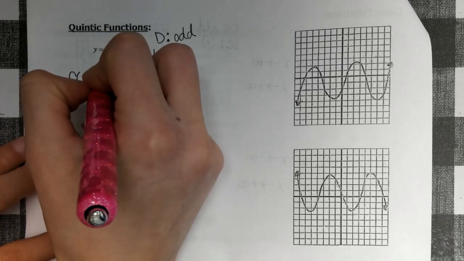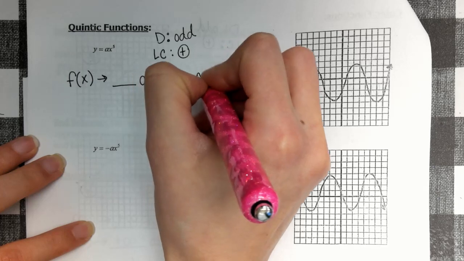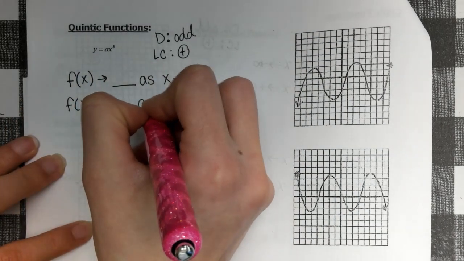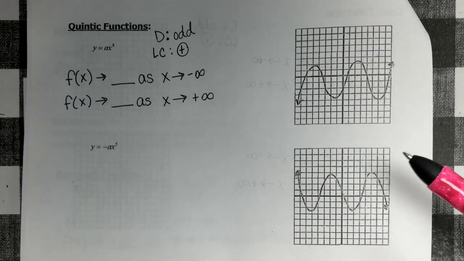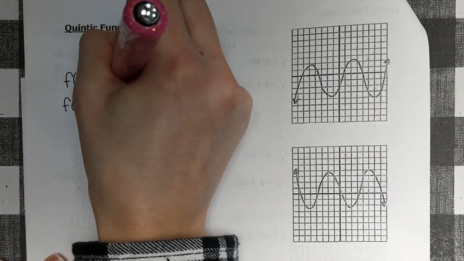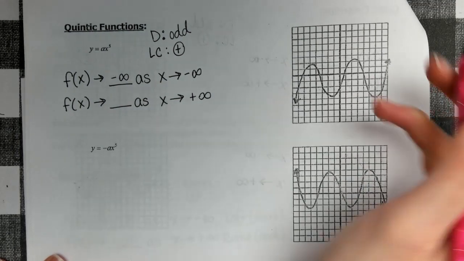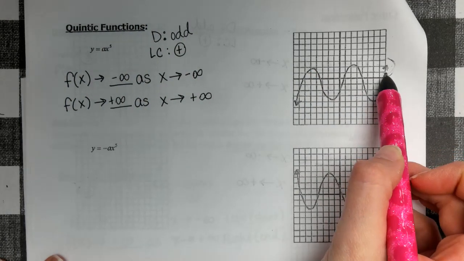So if I set up my template, as x approaches negative infinity for a positive leading coefficient, where's it going? Negative infinity. As x approaches positive infinity, where's it going? Positive infinity, because remember, your leading coefficient tells you where it ends.